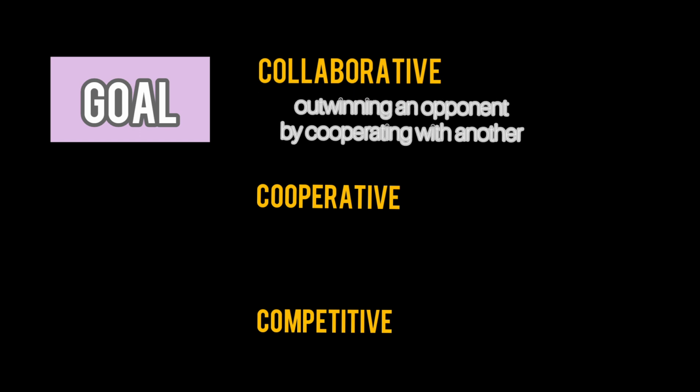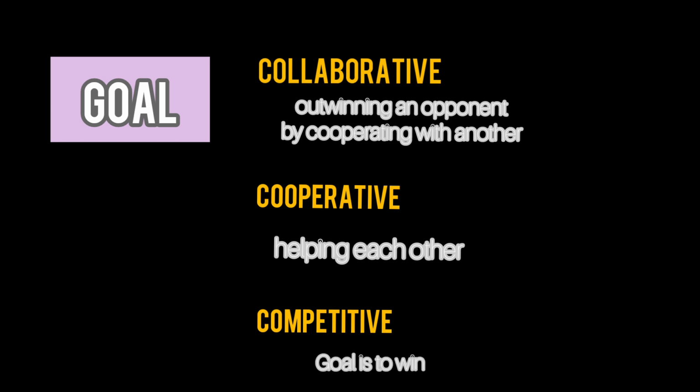Collaborative involves outwinning an opponent by cooperating with another to create a winning strategy. Cooperative situations are those in which people are helping each other to reach a common goal. While competitive, the goal is simply to win.